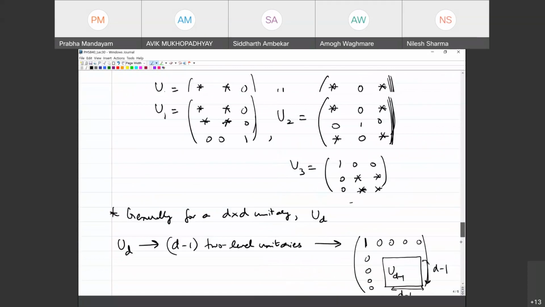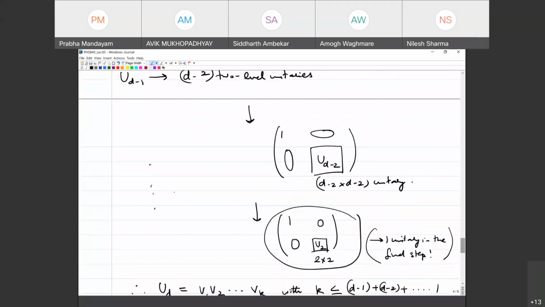So the example we worked out was to go from U3, which was a 3 cross 3 general unitary matrix, to a two-level unitary. So you needed 2 two-level unitaries at that stage to get to this form, which was just 1, 0, 0, and a 2 cross 2 block, right?